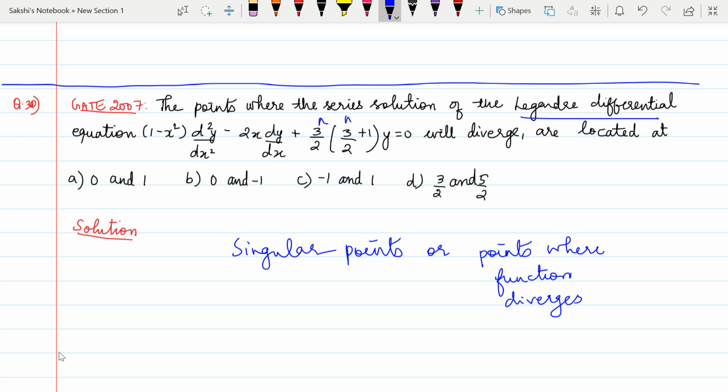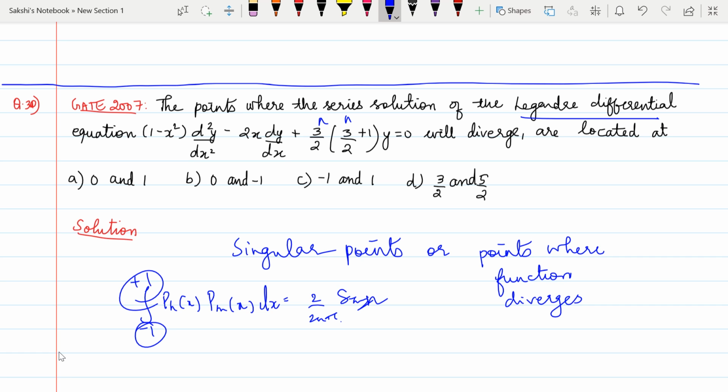So here, in the orthonormal property, the integral will be from minus 1 to plus 1 of Pn(x) Pm(x) dx equals something times delta mn. It will be somewhat like this. So minus 1 to plus 1 will be the limits of the integral, so these points are the points where our function will diverge, or these points are also called singular points.